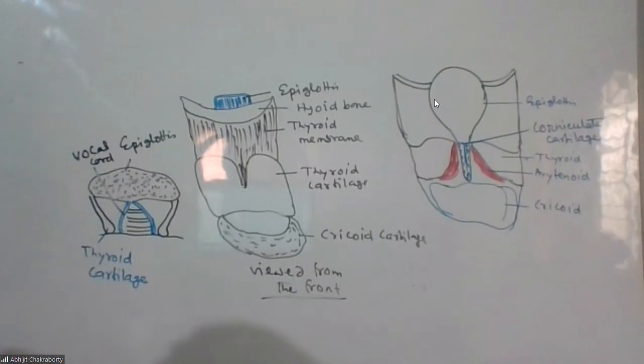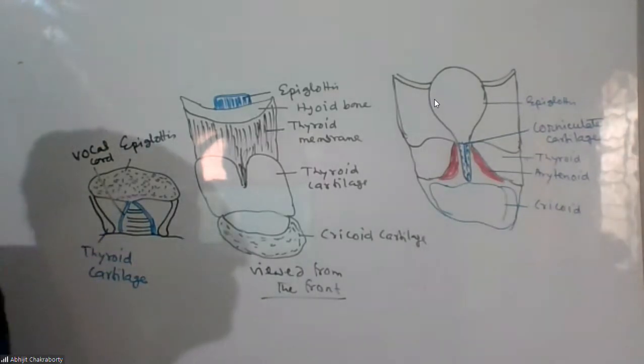Next, corniculate cartilages are located at the upper end of arytenoid cartilage.